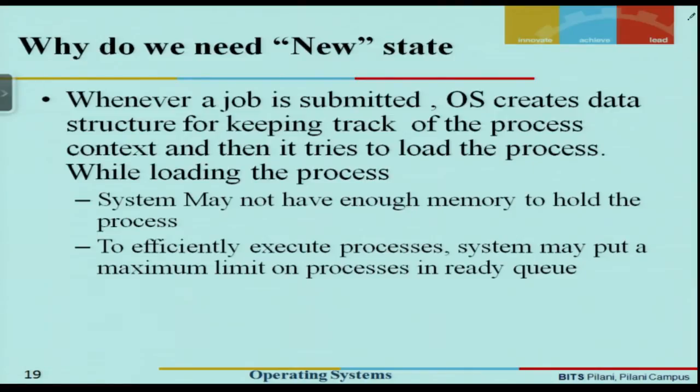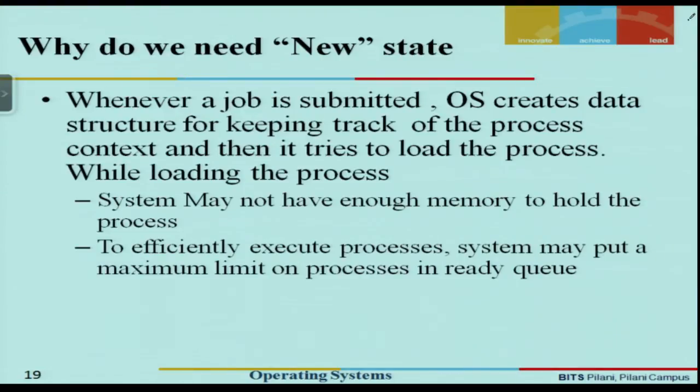All this information it needs to maintain. And at the time, with a basic data structure containing the information, the actual program would require to be loaded into the memory, and it is possible that when the job is submitted, the memory may not be available.